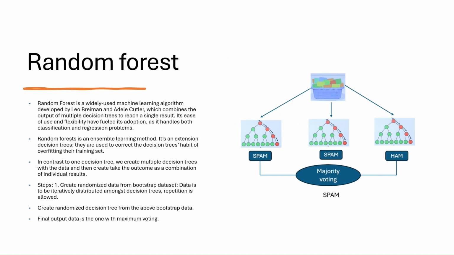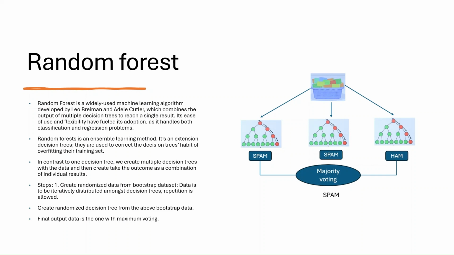Random forest, just as this example is showing. Suppose I have a bunch of mails that have come to me, which have both spam and non-spam, that is ham. First I'm taking 20 of them, and I'm finding out, based on a decision tree, whether each is spam or non-spam.